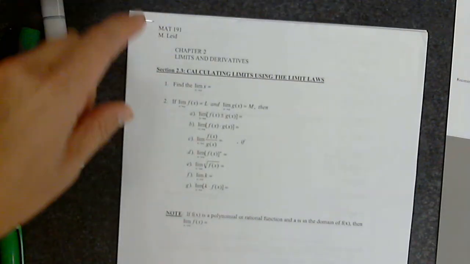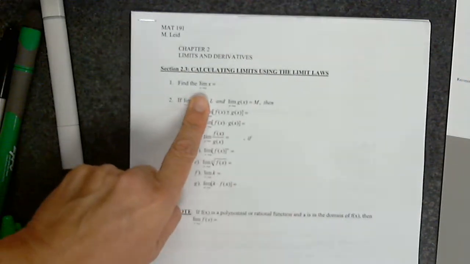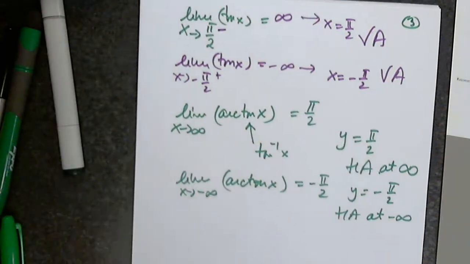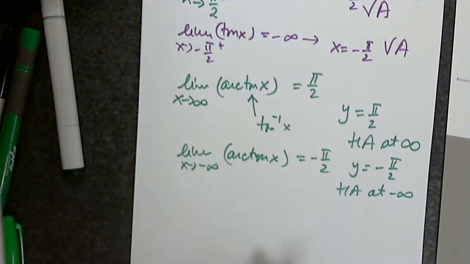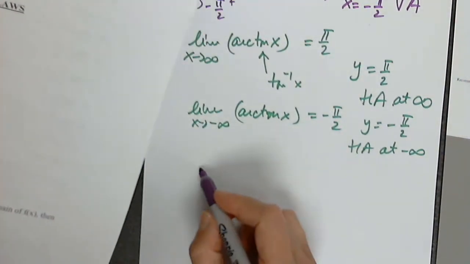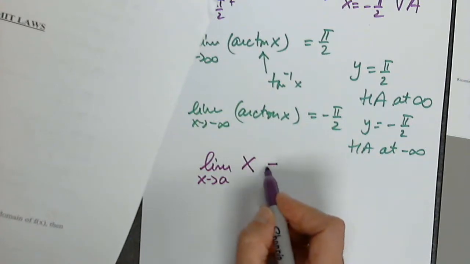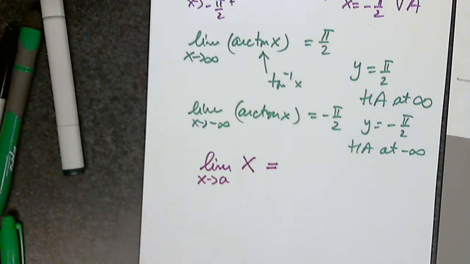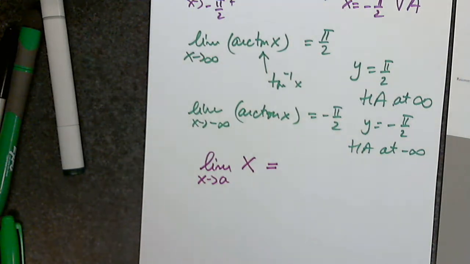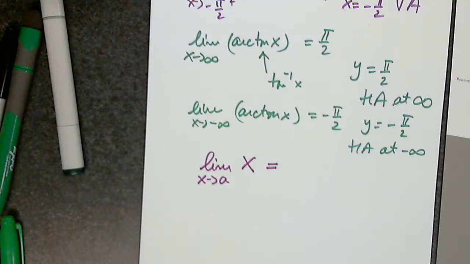So let's start at the top. I'm going to try not to write on this so I can use it. The backside, I can use the backside. So what do you think the limit as x approaches a of x is? What did I say the first thing we have to do? Even if we just do it in our head, what is the first thing I need to do when I'm asked to calculate or evaluate a limit?